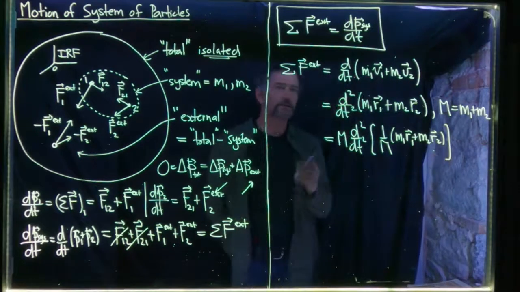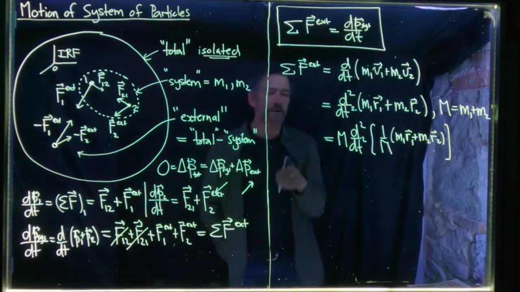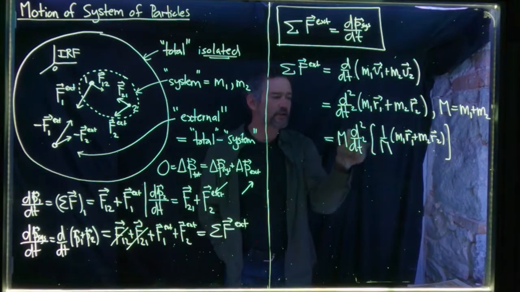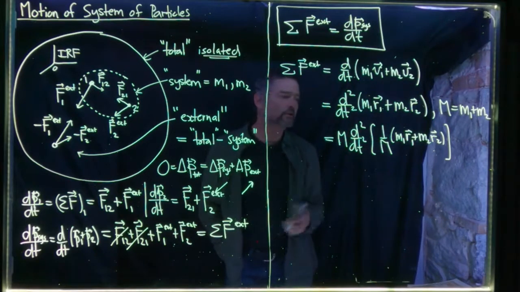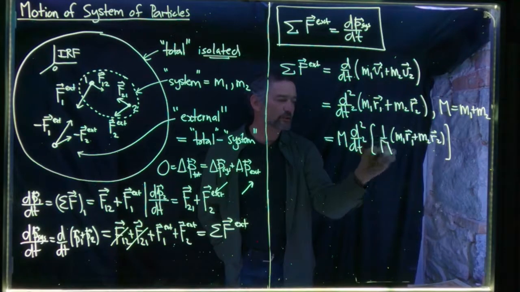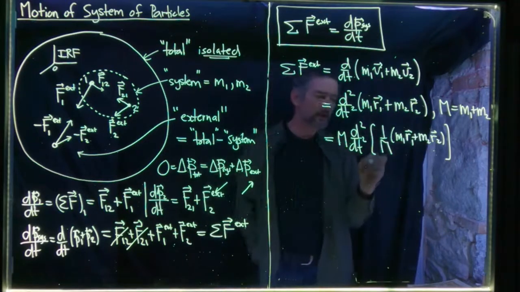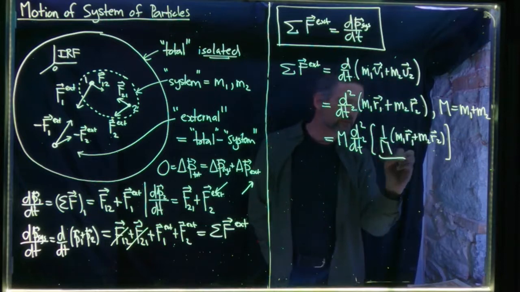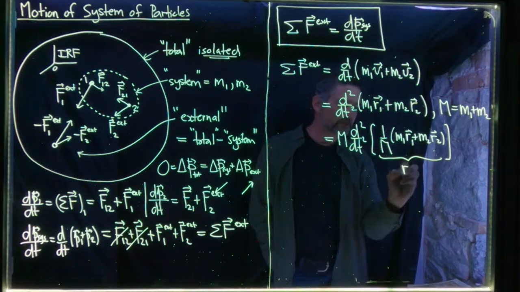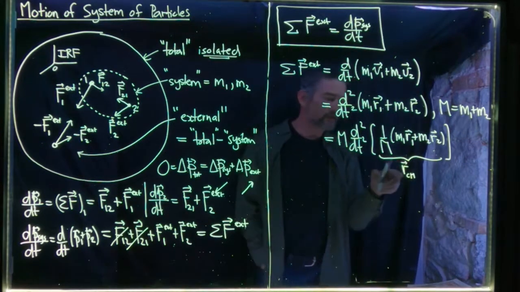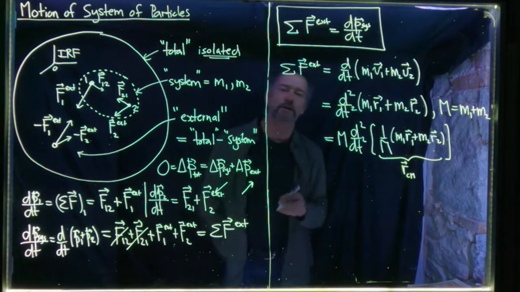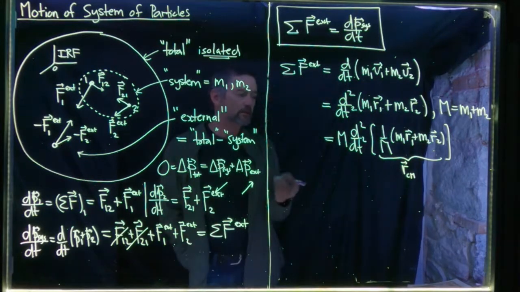Now this looks like net external force is mass times the second time derivative of something which has the dimensions of a position vector, right? Because the two masses in the numerator cancel with the mass in the denominator dimension-wise, and we have the dimensions of a position. So this is some kind of position vector, and it's a very special position vector that's given a special name. It's the position of the center of mass point. Okay, so let's talk about that a little bit.